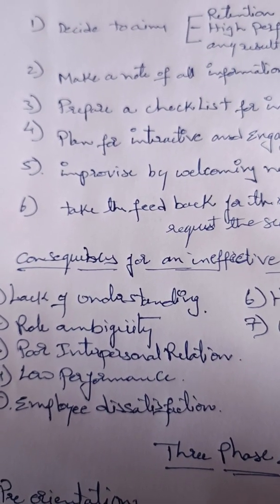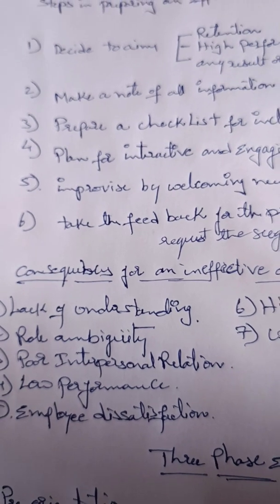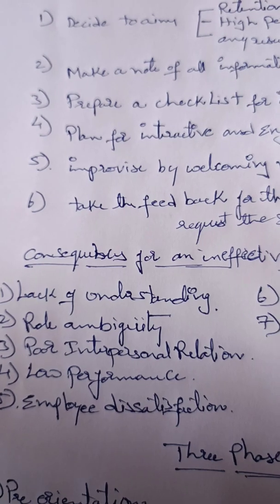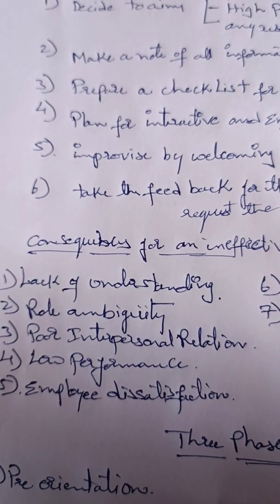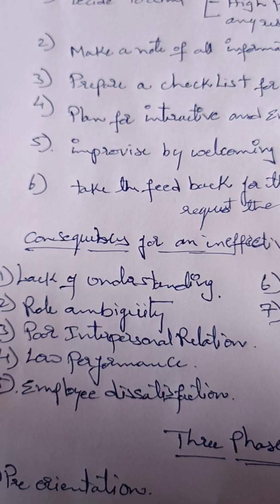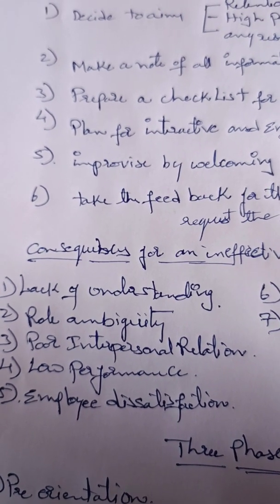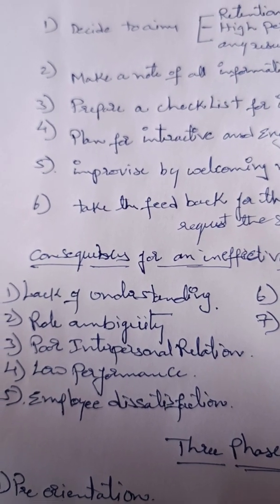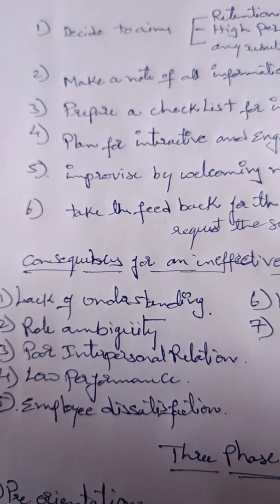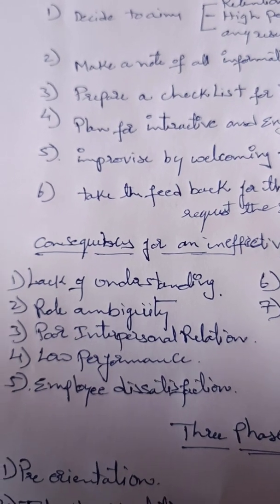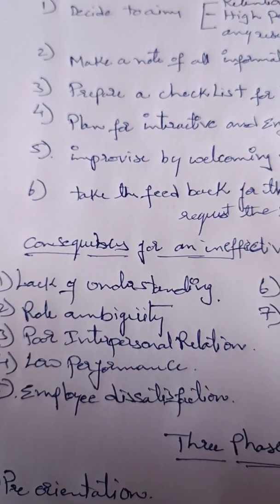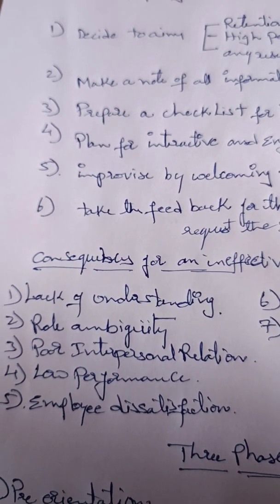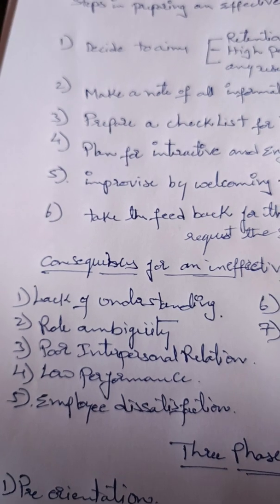Lack of understanding means we don't know what the job is given for, what his responsibilities are, what role he will play in achieving the business objectives. So if the orientation program is not effective, the new person joining the business might not understand his role, his responsibility, and the results of his performance to the organization.